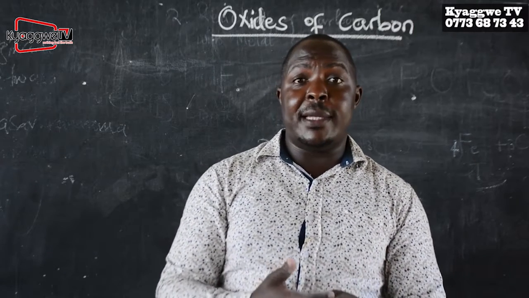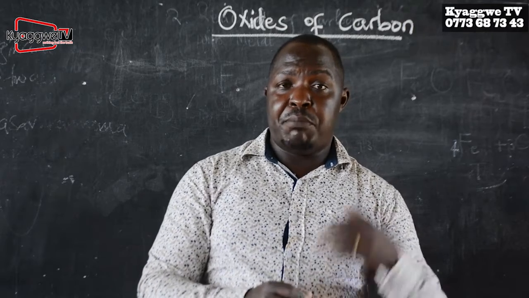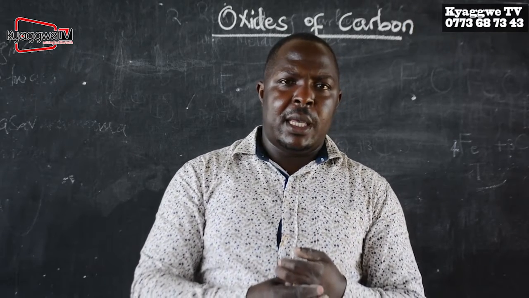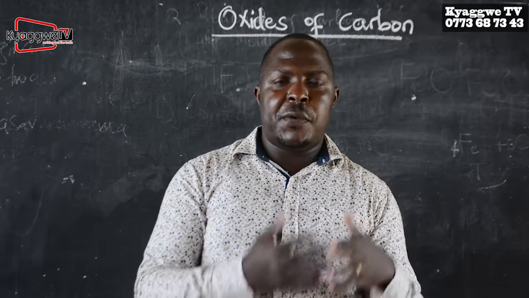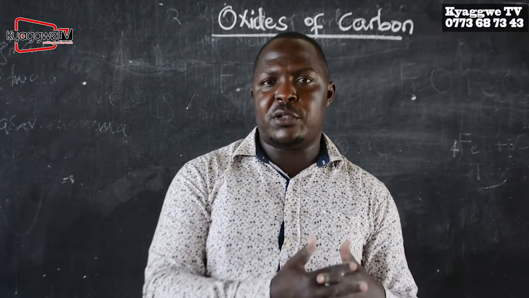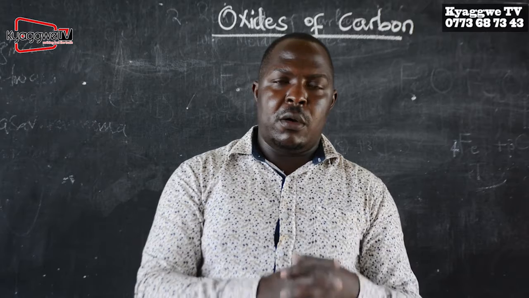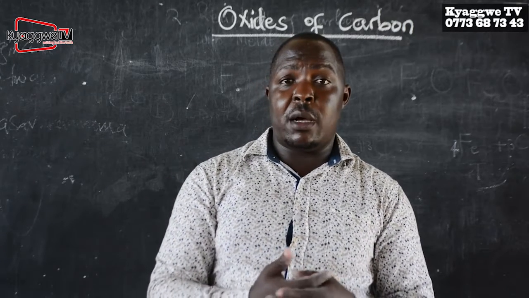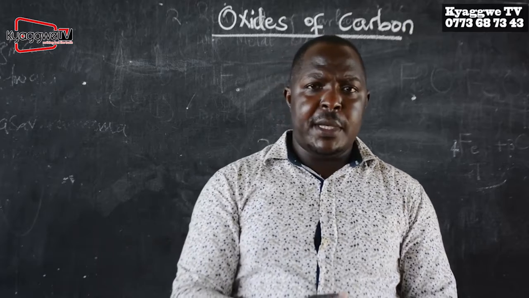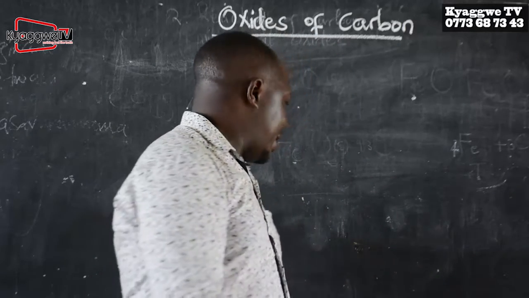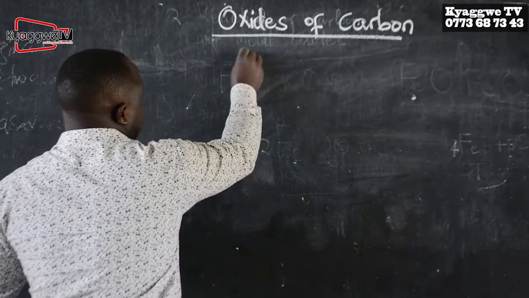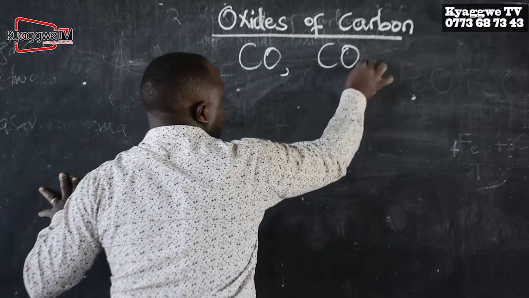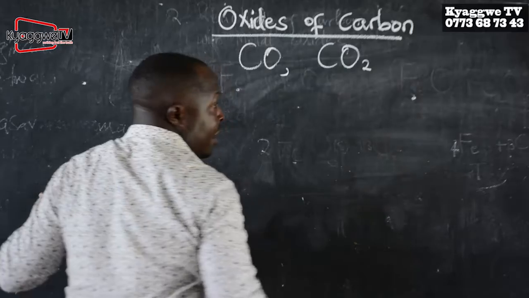Today we're going to look at the oxides of carbon. Previously, we looked at the reactions of carbon, and the third lesson focused on the reduction reaction of carbon on metal oxides. Carbon mainly forms two oxides: carbon monoxide and carbon dioxide.